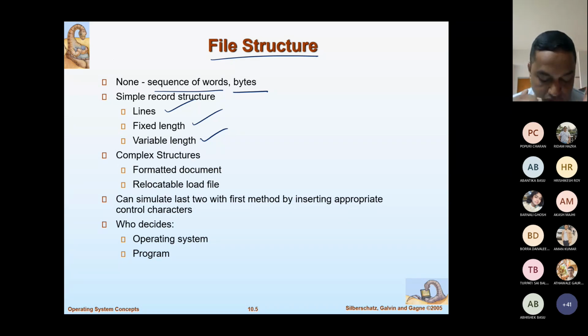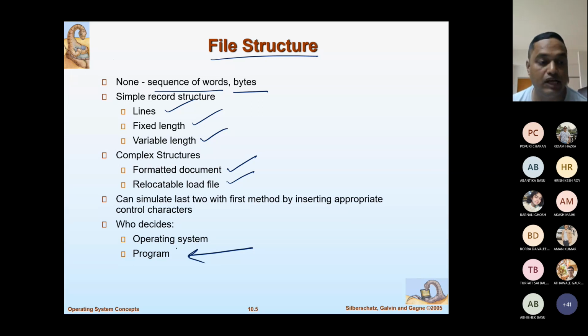It can have fixed length or variable length. The structure can be a formatted document, non-formatted, or a relocatable load file. You can relocate from one position to another position. Even it can be a program file, as I said, .c, .java, .py, which you can execute.